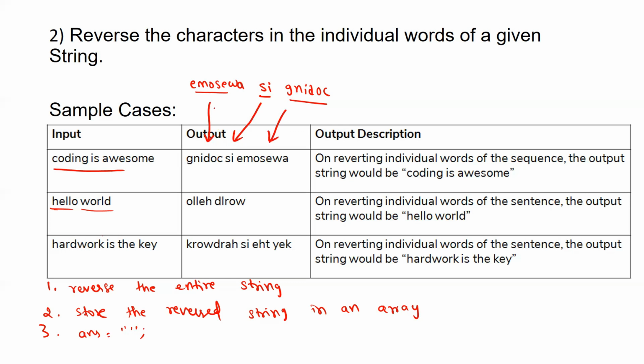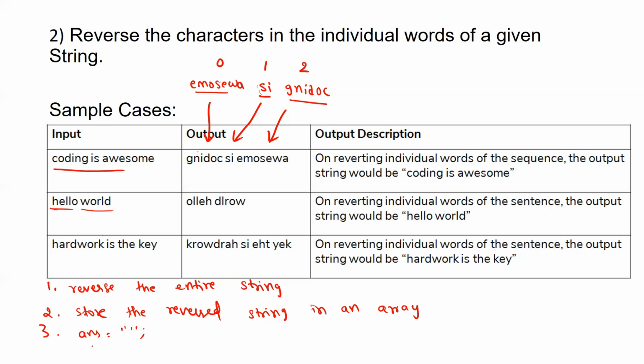If this is at the 0th location, this is at the first location, and this is at the second position, then this should come to the 0th position, this to the first, and this to the second. So we just have to reverse this array, and we'll get the same result as the required output.